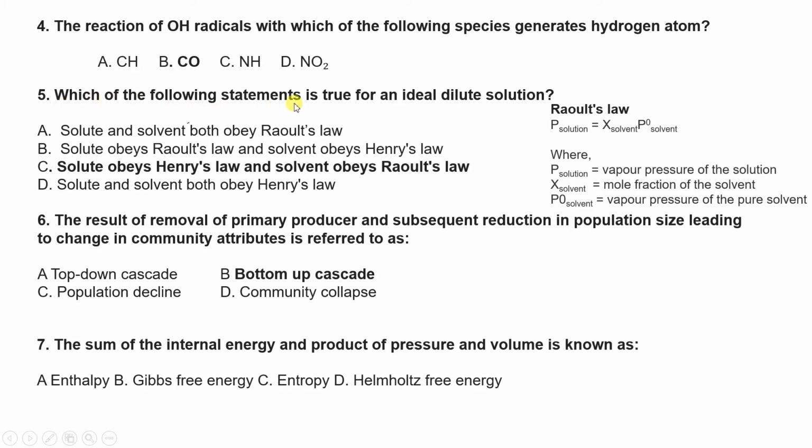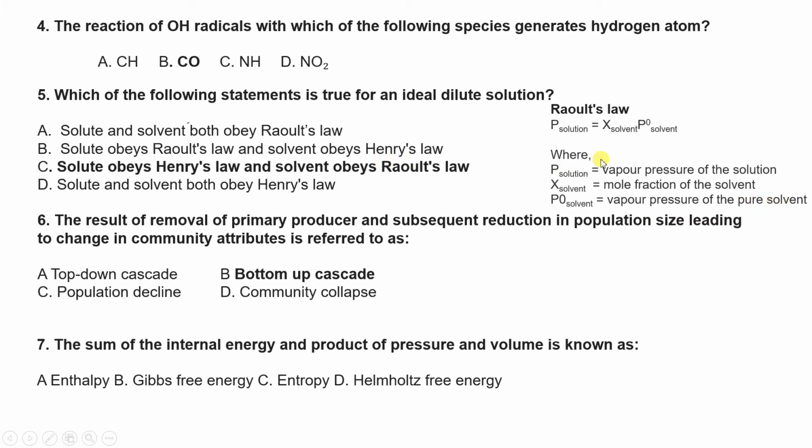Which of the following statements is true for an ideal dilute solution? The answer is solute obeys Henry's law and solvent obeys Raoult's law. Let's discuss Raoult's law. What does Raoult's law say? It states that the vapor pressure of the solution is equal to the mole fraction of the solvent times the vapor pressure of the pure solvent.